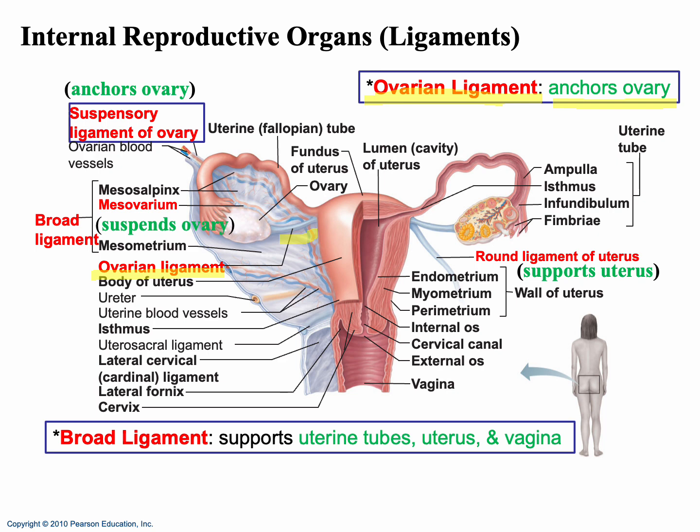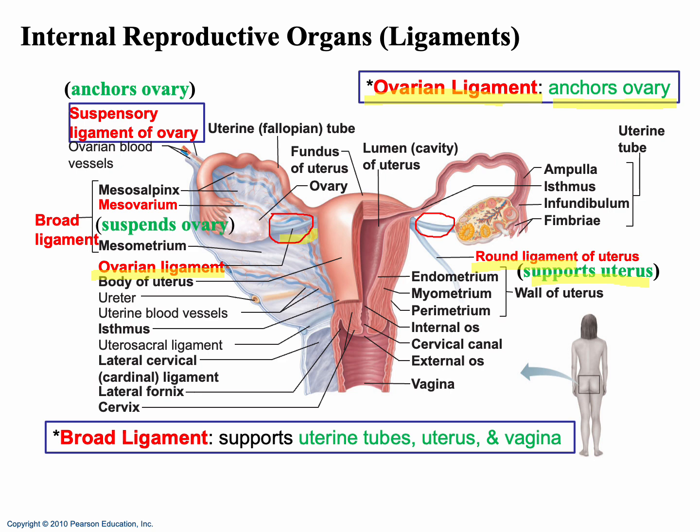I can get the pen here for you, and we can see that right there, the ovarian ligament. We also have what's known as the round ligament, which supports the uterus.